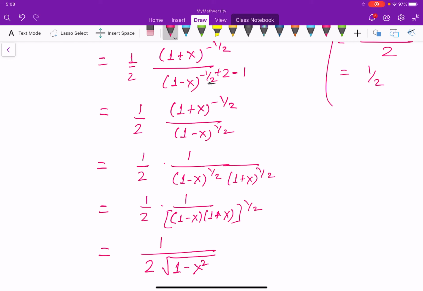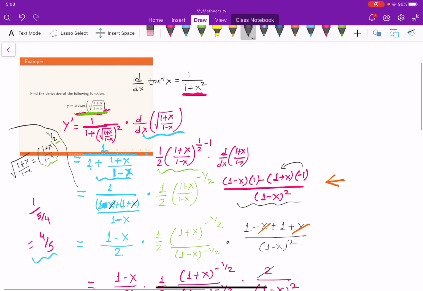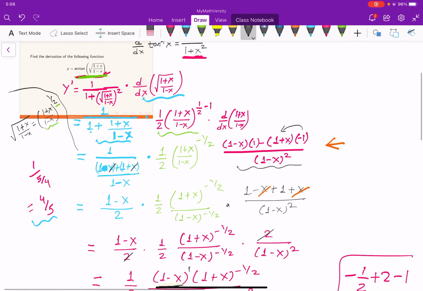So this could be the simplification, but do not panic. If this is too much work to find the derivative of the given function, although this is the simplified answer, the main task here, since our goal is to find the derivative of the function, is that we apply the chain rule, right?